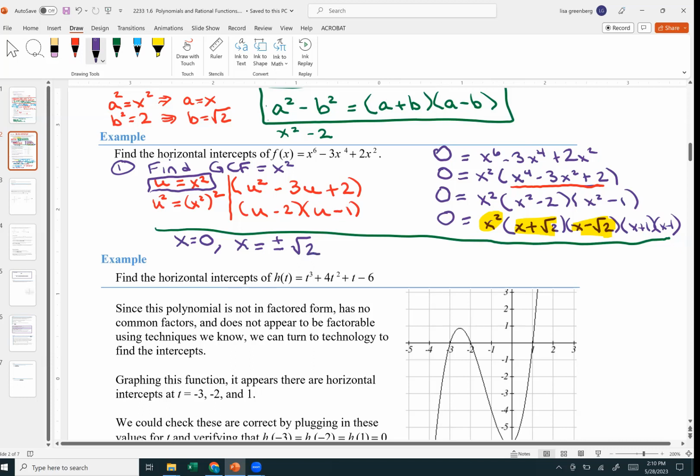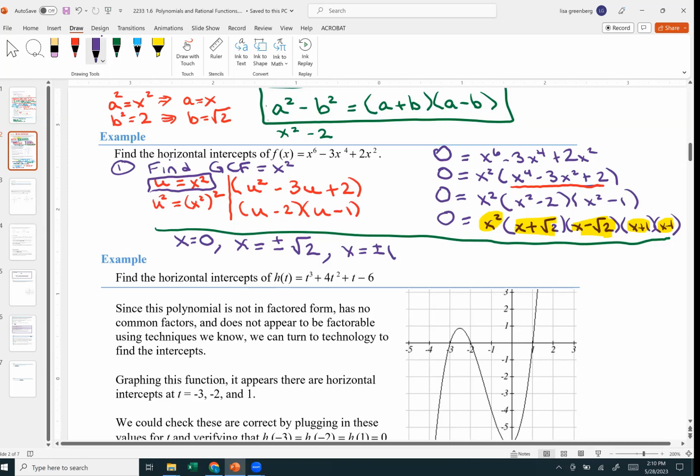Those are two more solutions. And last, I have x plus 1 and x minus 1, and that gives me x equals plus or minus 1 as my other solution.